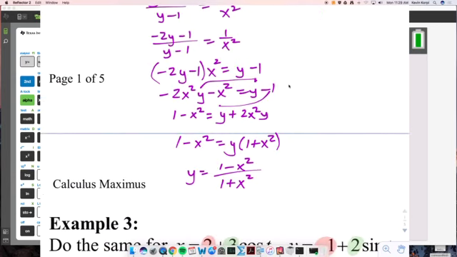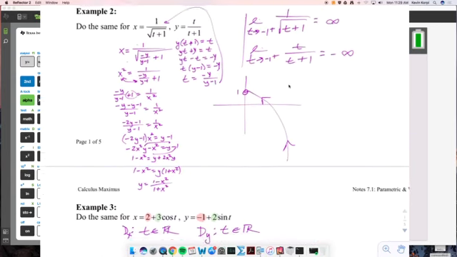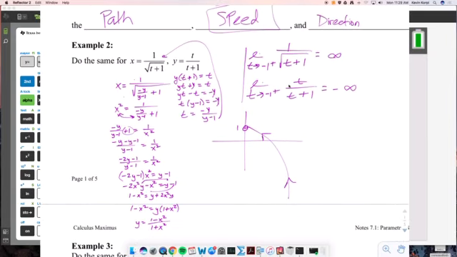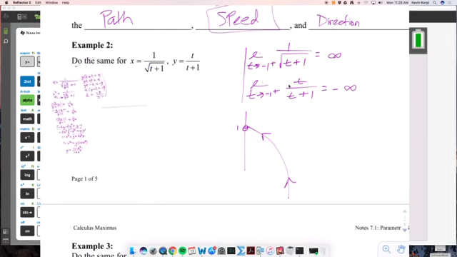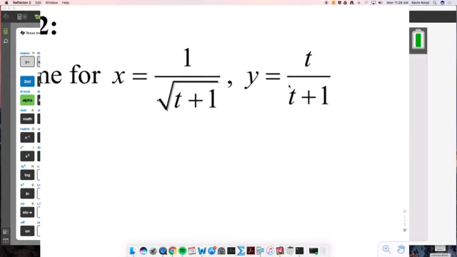I feel like I messed up somewhere. It's supposed to be a nice equation of a parabola. Here, let's try this. I'm not going to say that that's wrong, but I'm just going to leave that over there, and let's try the other way. Let's solve this one for t. I can, again, switch those out, so I get the square root of t plus 1 equals 1 over x.